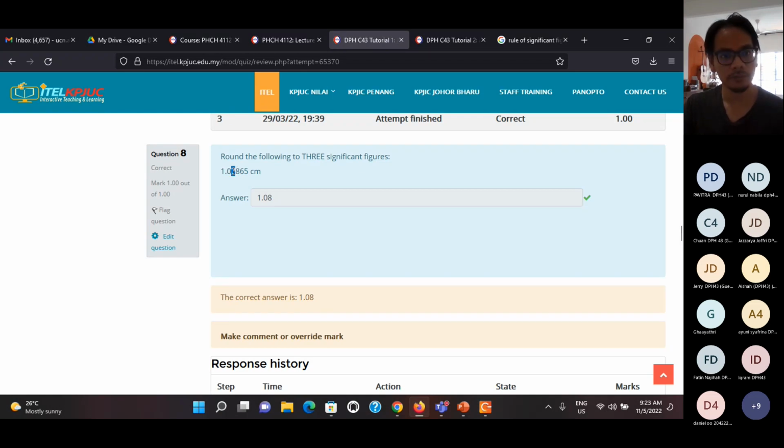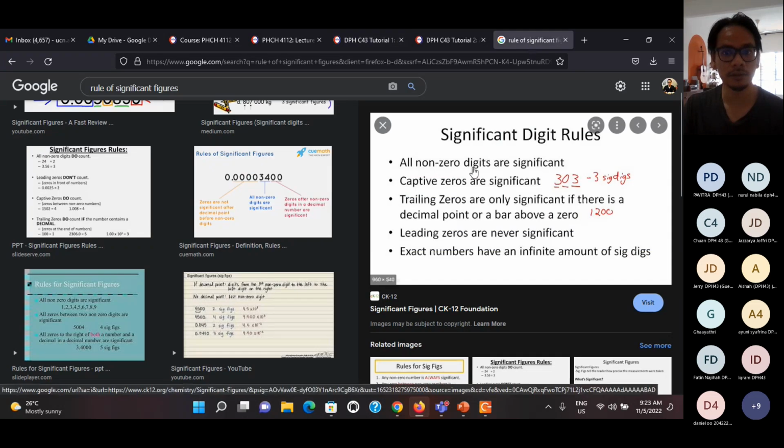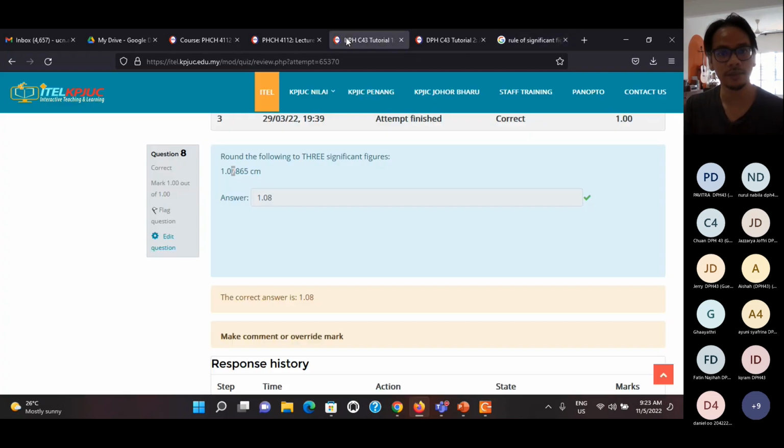Kemudian 7, back on the first rule tadi, all non-zero digits are significant. So 7 ni pun significant. So kita dah ada our first 3 significant figures. So kalau kita nak bundarkan nombor ni kepada 3 significant figures, kita bundarkan dekat digit 7 ni.